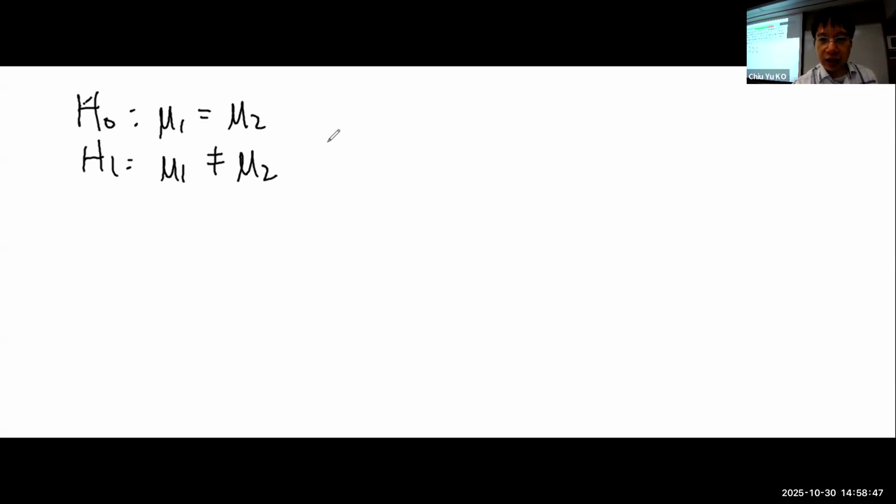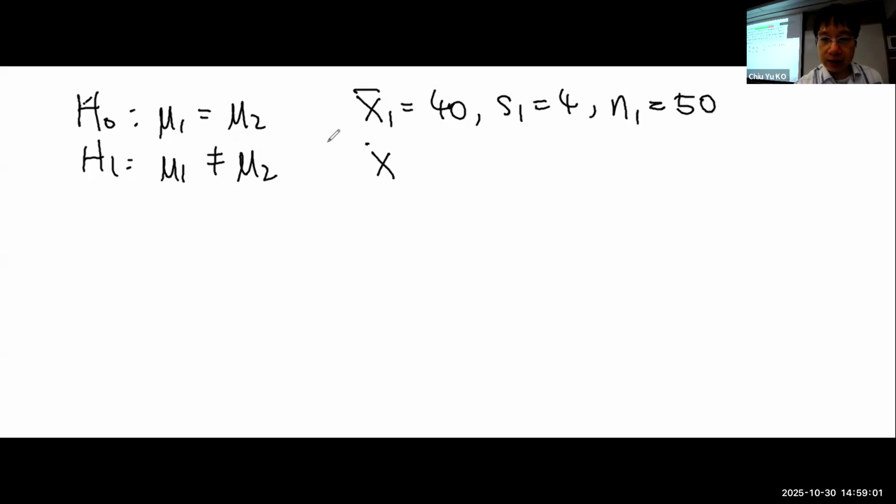Looking at the data, for sample 1 we have x1 bar is 40, s1 is 4, and n1 is 50. And x2 bar is 42, s2 is 3, and n2 is 40.